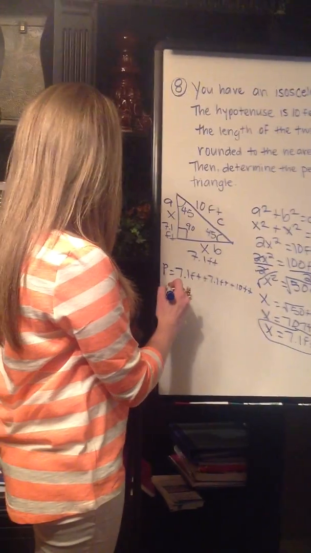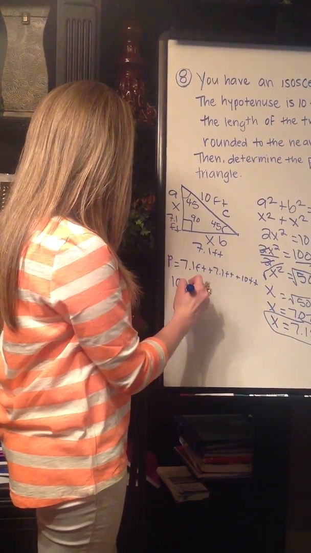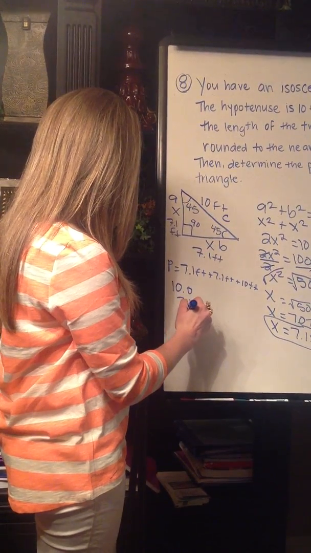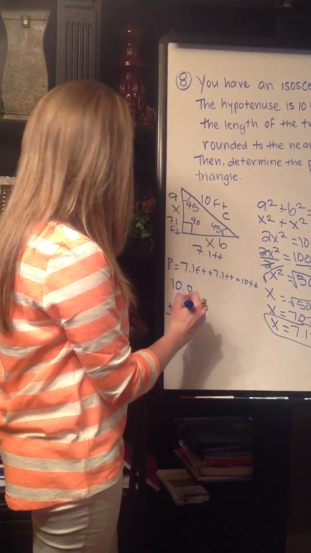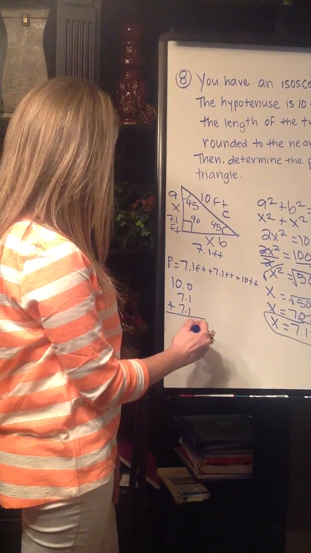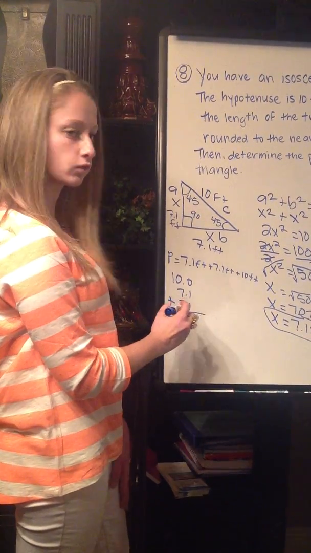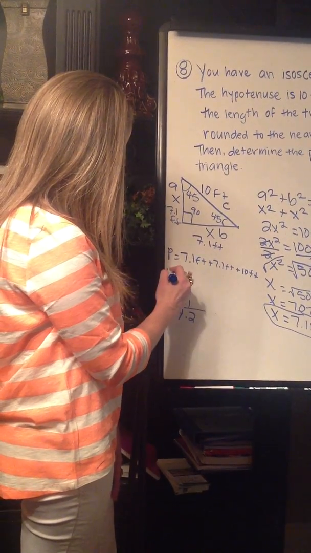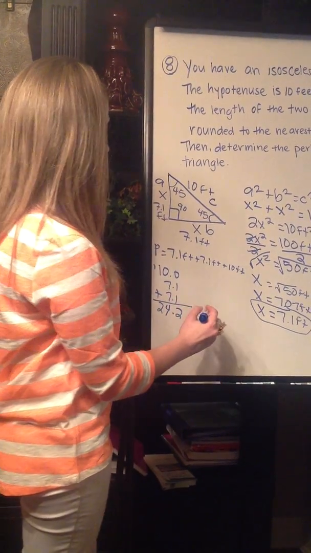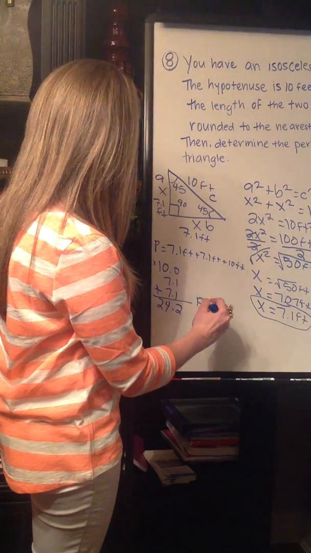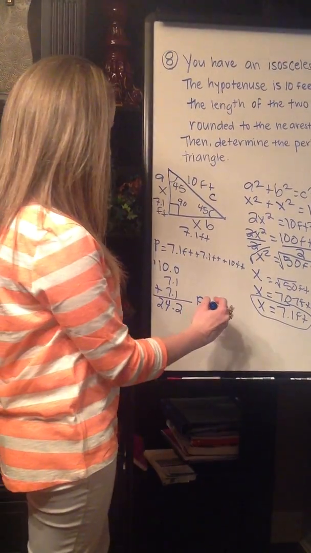So when we add that up, 1 plus 1 is 2. 7 plus 7 is 14. And then 2. So our final answer for perimeter is 24.2 feet.